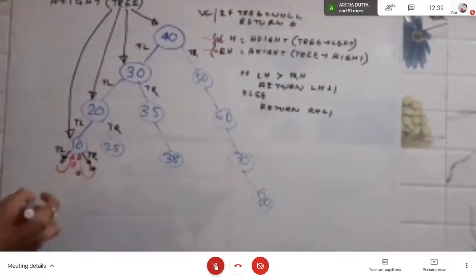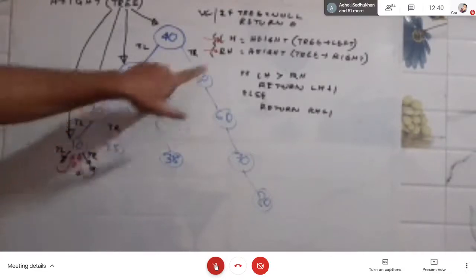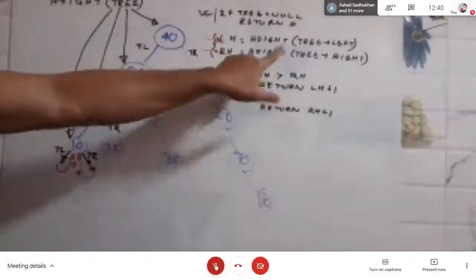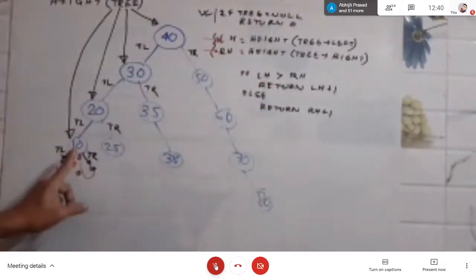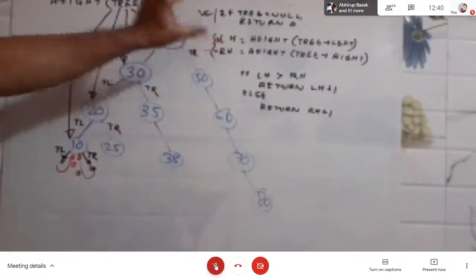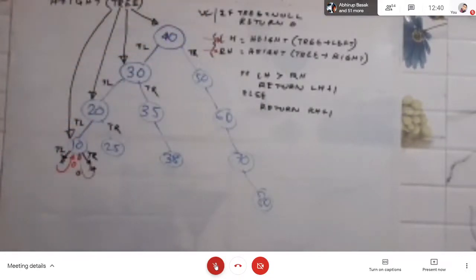So sitting at 10, when it is calling with its left child, which is null, it is getting a 0 value. At the next point, when it is calling the function height with its right child, which is null, again it is getting a 0 value. So sitting at 10 first, these 2 lines have been executed.